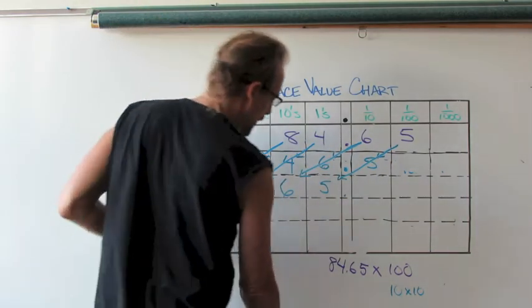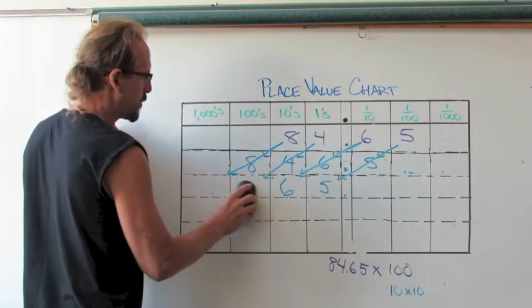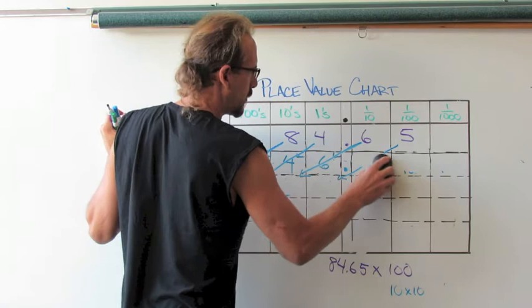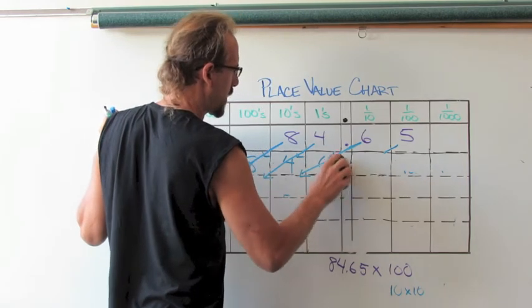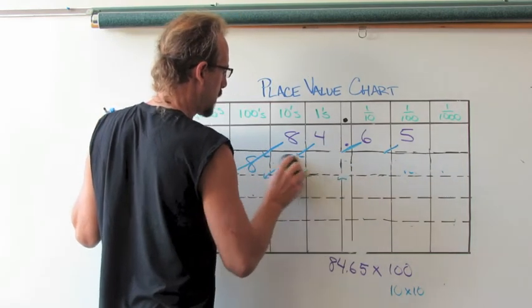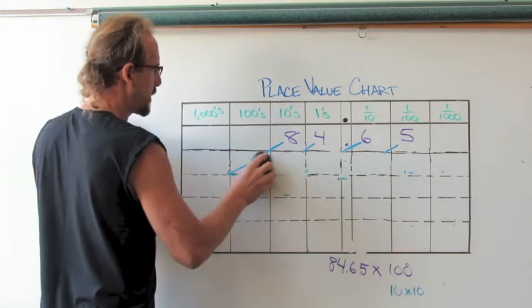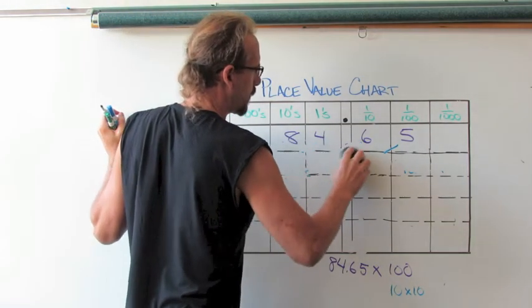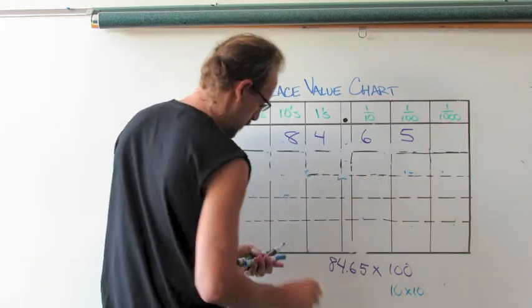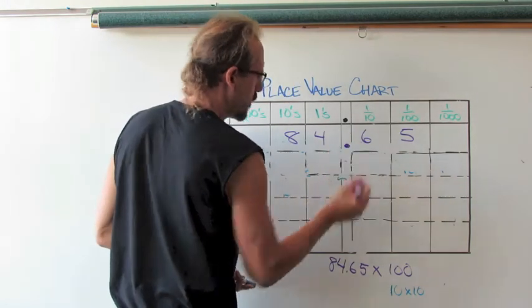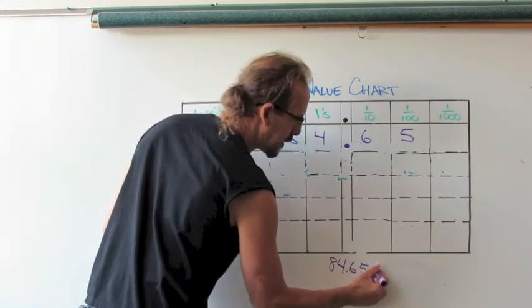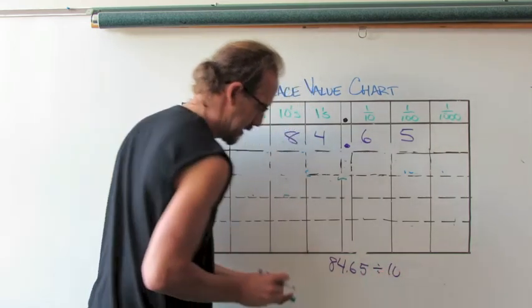Similarly, kids will learn how to do the same kind of steps with division. We'll start with that same number, 84 and 65 hundredths. And instead of multiplying it by 10, I'm going to divide it by 10.